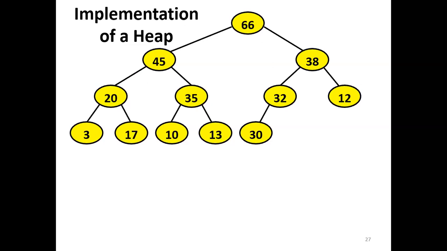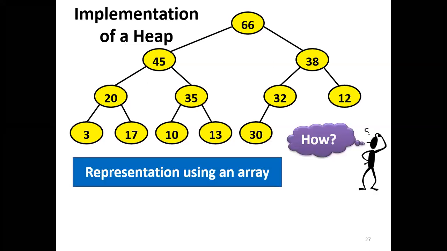Okay, so at this point, we want to represent the heap using an array. How do we represent this heap using an array? The best way to approach this is to go level by level.